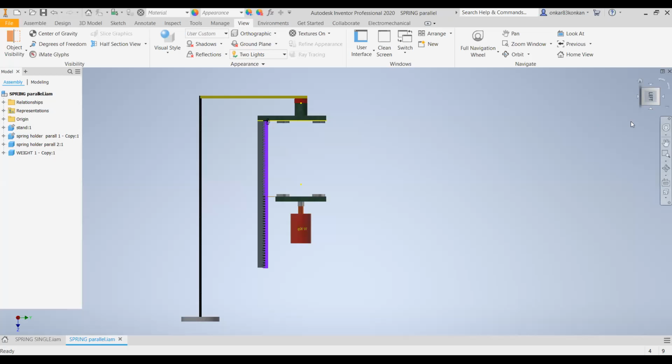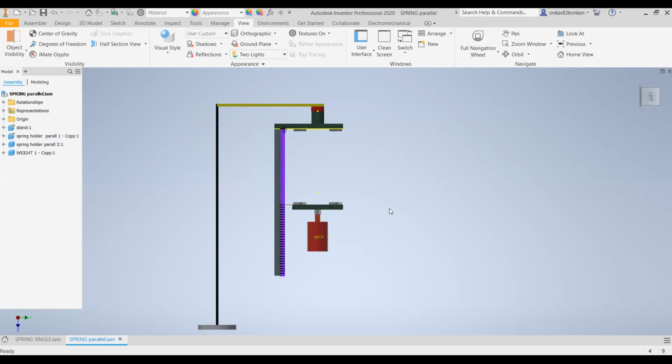When you conduct this experiment physically in the laboratory, you will have a similar setup. This is the stand, which gives the fixed support. This is the fixed end for the spring. This is the moving end where we will connect the known weights, that is, masses M1, M2, M3. And this is the scale to measure the deformation of the spring. The scale is connected to the fixed support.